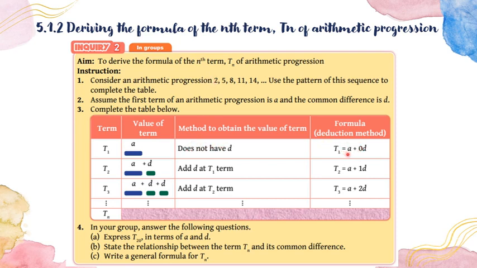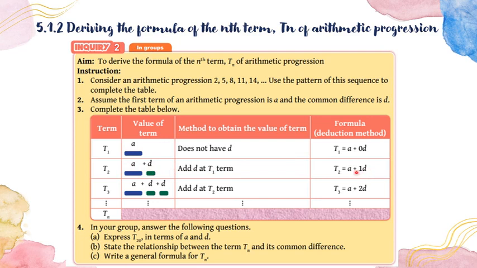So T1 is equal to A plus 0D, which is A only. For the second term, 5, we have A plus D. Adding D to the T1 term means that we add 3, for example 2 plus 3. So T2 is A plus 1D only.